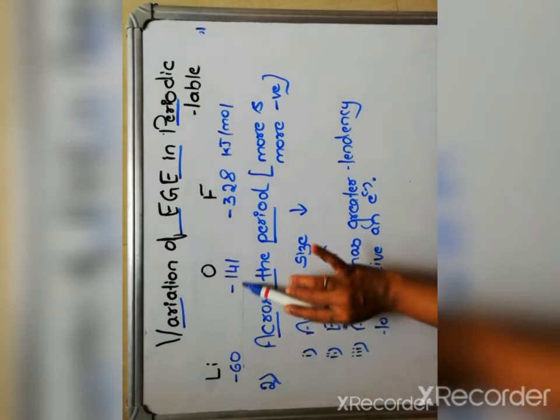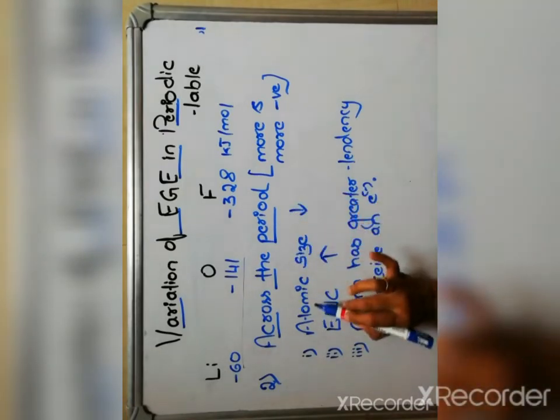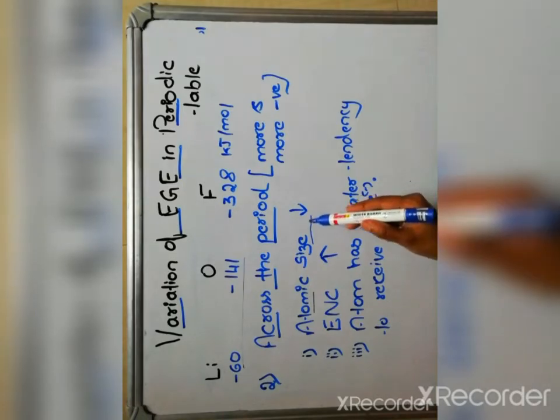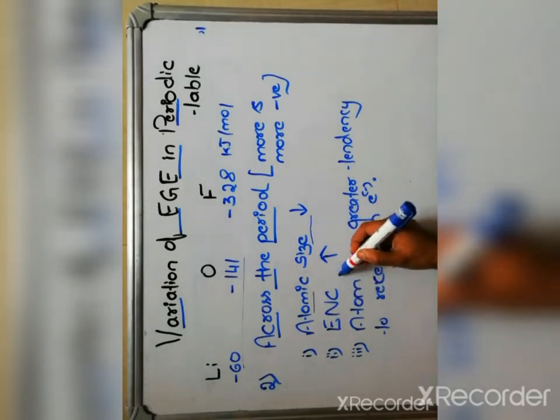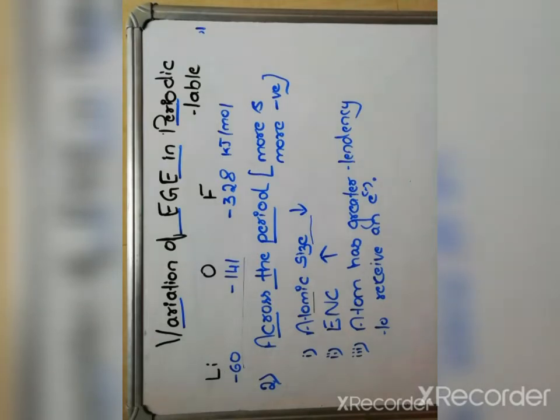As we move across the period, the added electrons enter the same shell, so the atomic size decreases. Because the atomic size decreases, the force of attraction between the nucleus and the outermost electron is strong, so it can hold the electron firmly. For that reason the atom has a greater tendency to receive an electron.